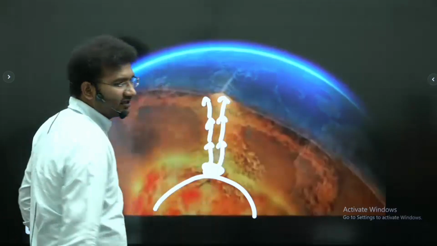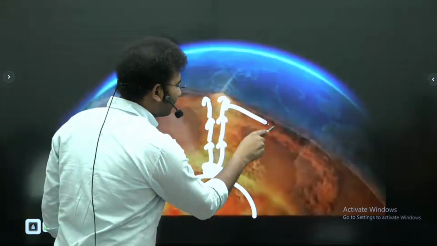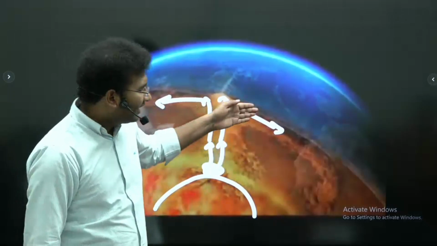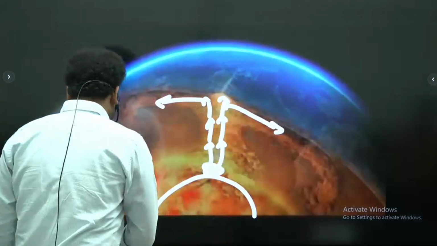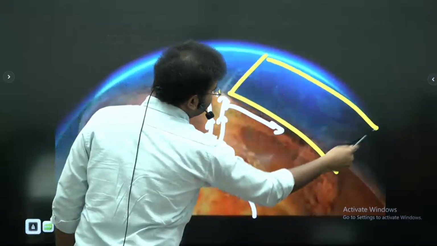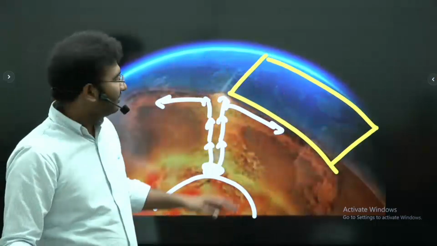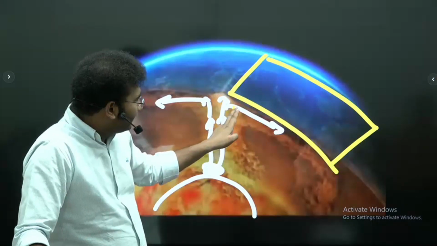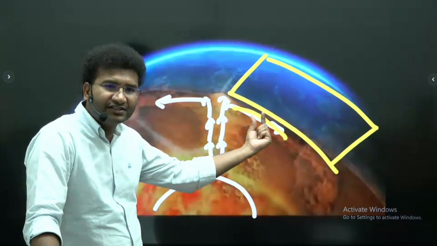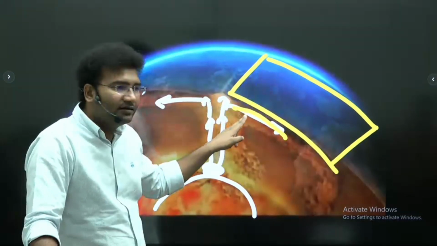As soon as it reaches near the crust, it is extremely cold, and then it will start to diverge on either side. While it is diverging, imagine there is crust here. Just imagine this is crust, right? And if this material is moving on either side, don't you think there will be friction between the lithosphere and the mantle convectional cell?